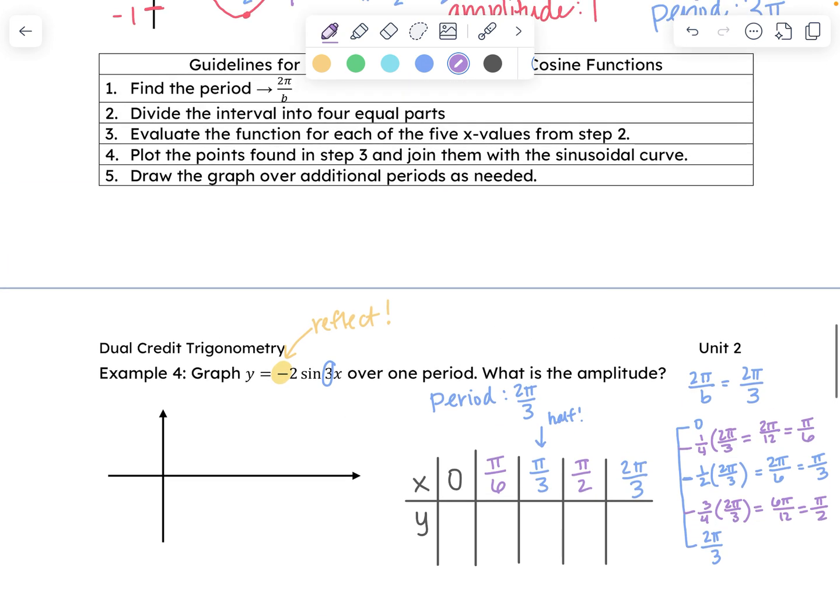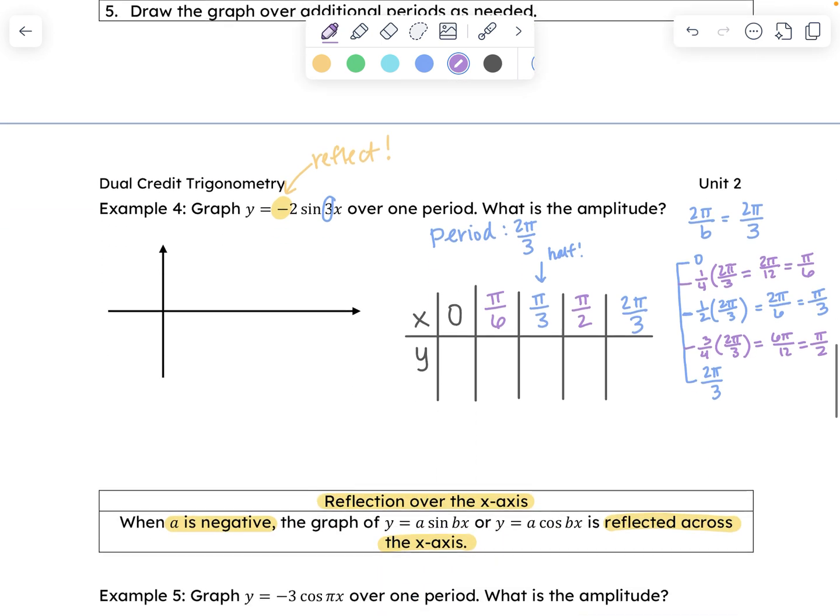Then the next thing says evaluate the function for each of the 5 x values from step 2. That's where my amplitude and that reflection are going to come in. So it does ask over here, what is the amplitude? Well, the amplitude comes from this 2, but we do have a reflection, so that is going to adjust everything in a minute.